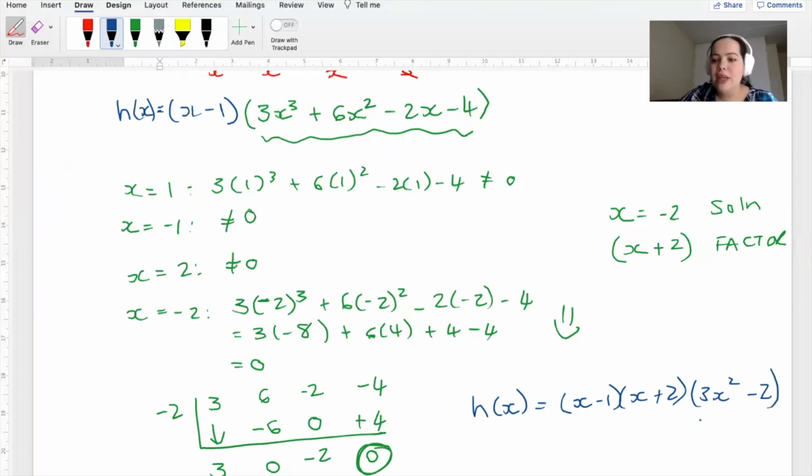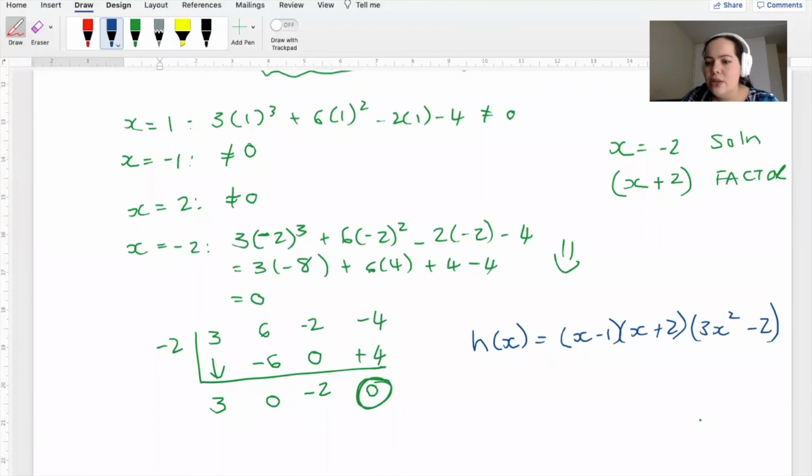Alrighty, guys, I hope that made sense, and we really could just stop right here. So that is how to factorize this polynomial to the 4th power instead of the 3rd.